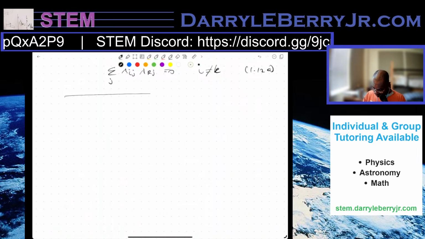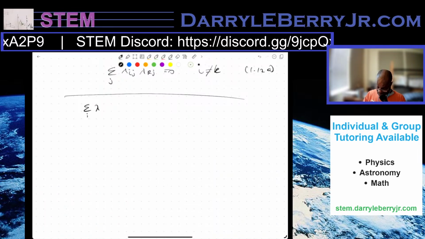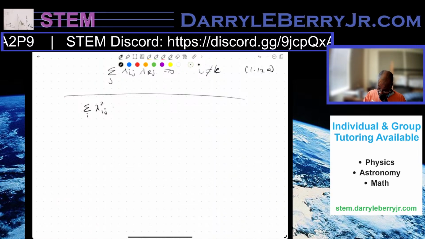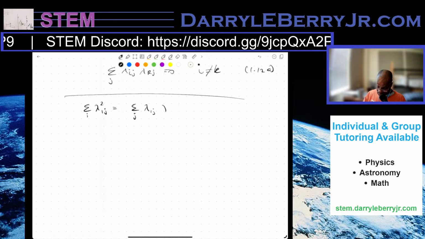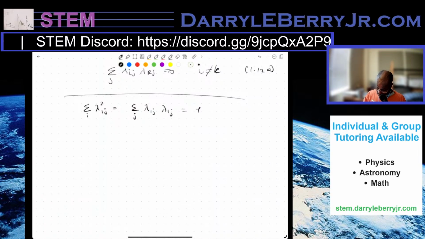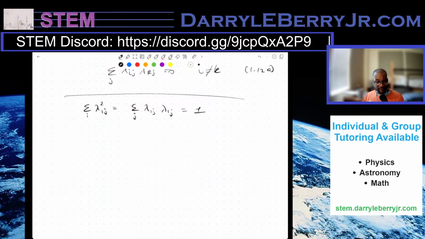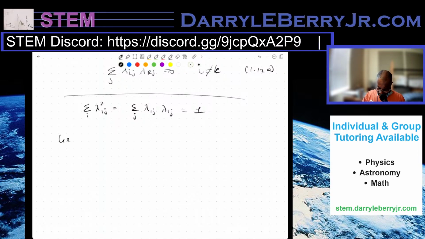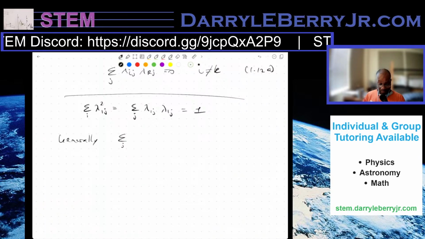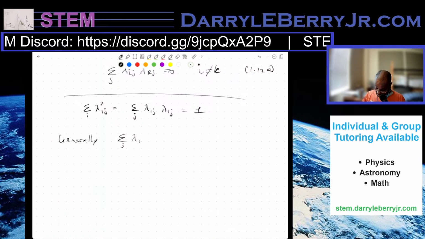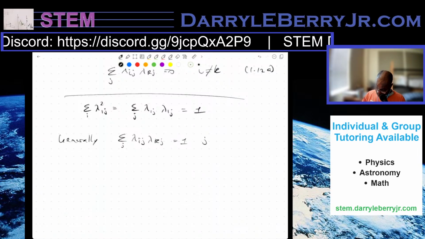So in general, the sum over j of lambda ij lambda kj equals 1 if i equals k.